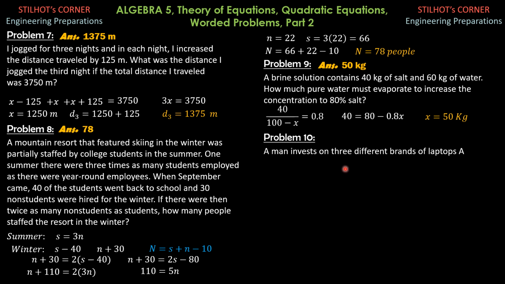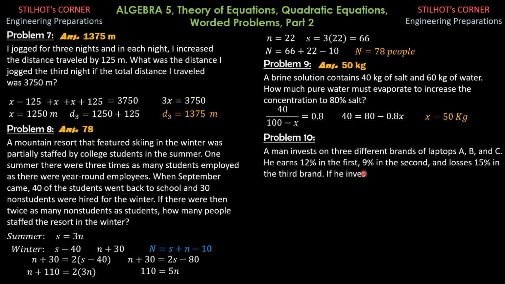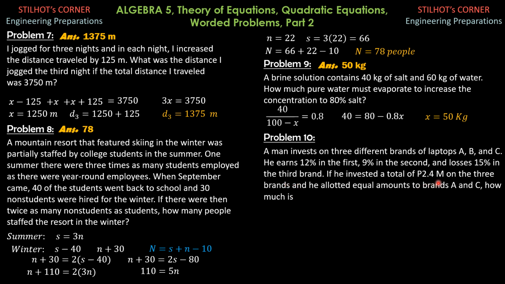A man invests on 3 different brands of laptops, A, B, and C. He earns 12% in the first, 9% in the second, and loses 15% in the third brand. If he invested a total of 2.4 million on the 3 brands and he allotted equal amounts to brands A and C, how much is the net earnings if the amount invested to brand B is 40% of his total investment?